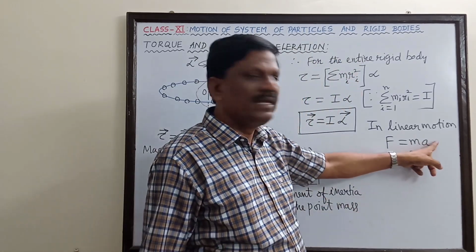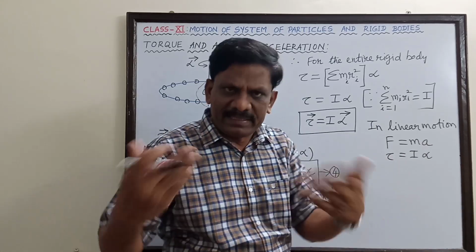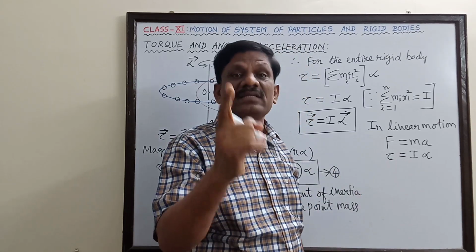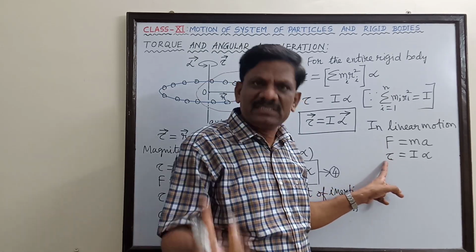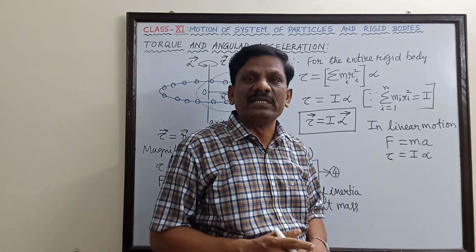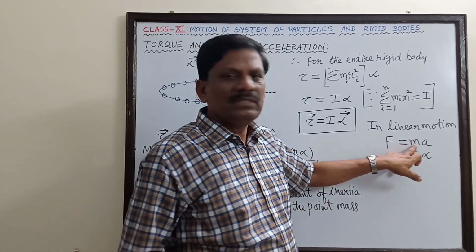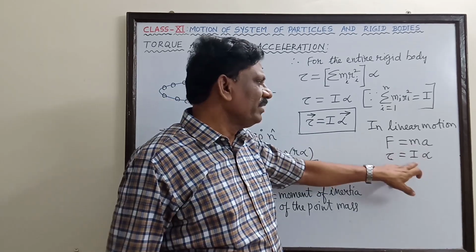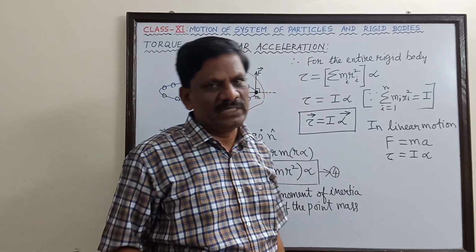The first equation is in translatory motion. The second equation is in rotational motion. If you compare, the torque plays the same role that is played by force in translatory motion. The role played by torque in rotational motion is equivalent to the role played by force in translatory motion. Similarly, the opposition to the linear motion of a body is its mass. In the same way, the opposition to the rotational motion of a rigid body is its moment of inertia.